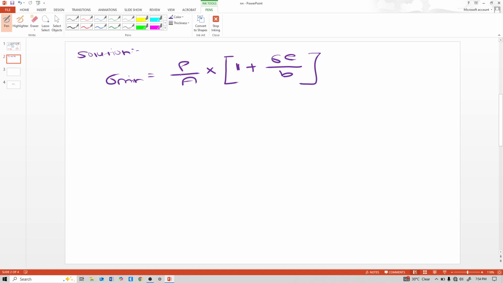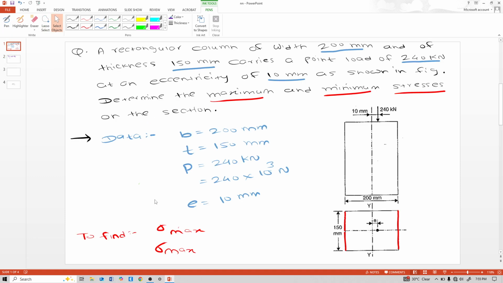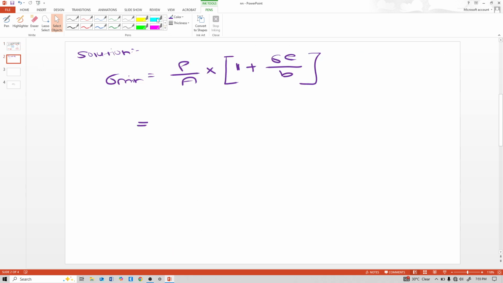A is the area of the column section, inversely proportional. And here again a multiplication sign, 1 plus 6 into eccentricity. Eccentricity is in the numerator, width is in the denominator. See it like that, then you will remember it. So this P is 240 into 10 raised to 3.